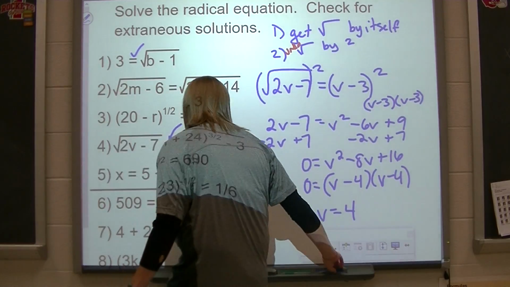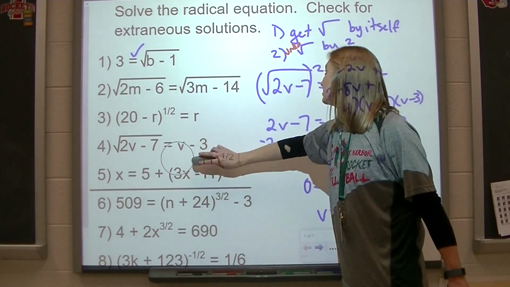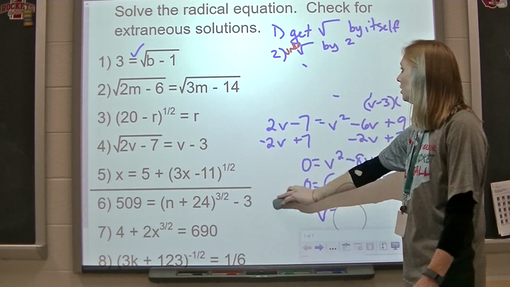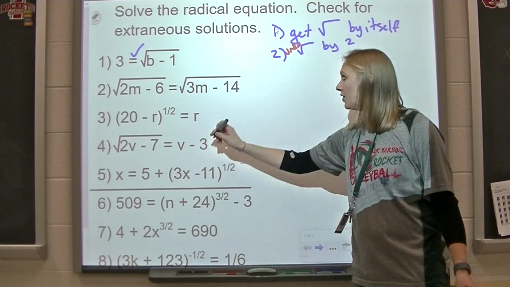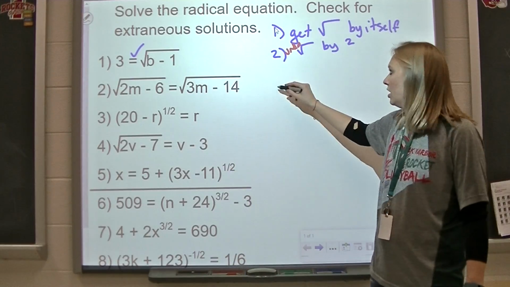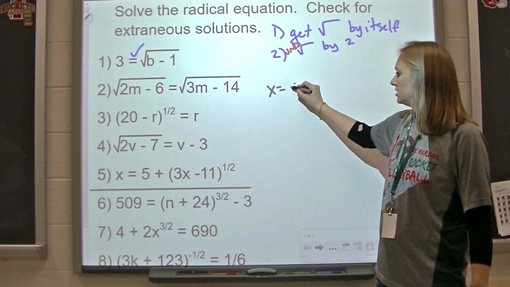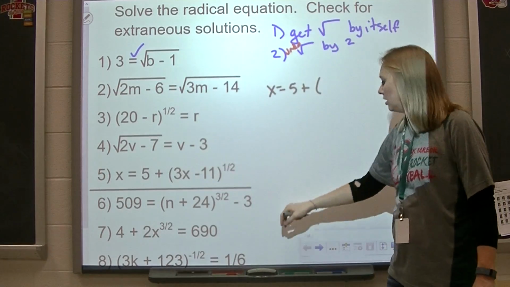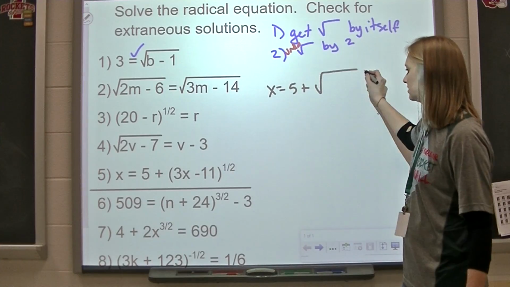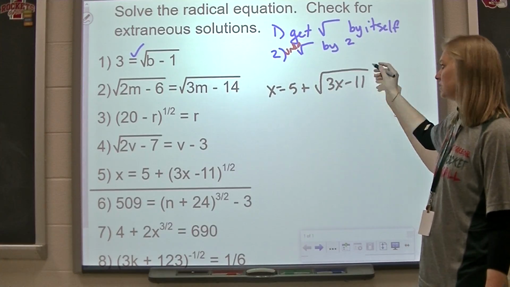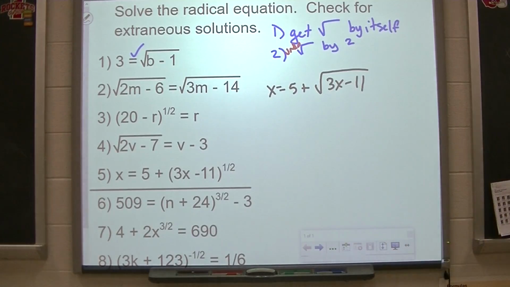Okay, let's try problem 5. Now problem 5 is a little different because it's the first time we haven't had the radical by itself. So for 5 here, we have x equals 5 plus 3x minus 11 to the 1/2 power, which is the exact same thing as the square root of 3x minus 11.